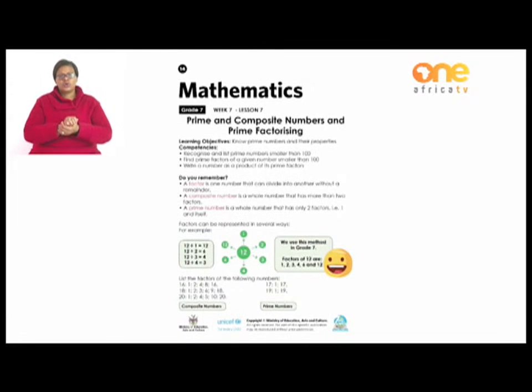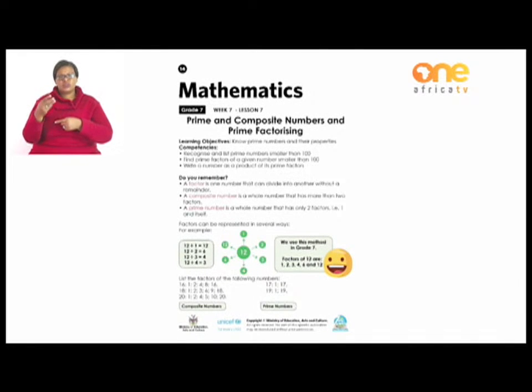What is outside, pointed by the arrows, are factors of 12. We have 1, 2, 3, 4, 6, and 12. In grade 7, we use these methods, whereby the factors of 12 are 1, 2, 3, 4, 6, and 12.